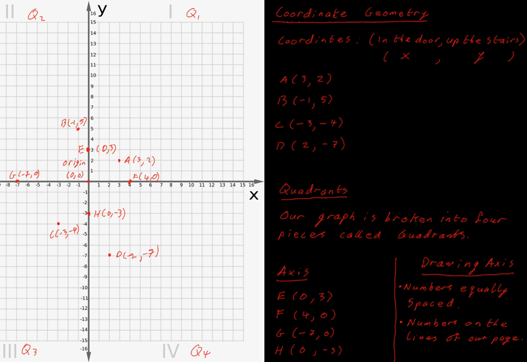Now if I look at where these points have ended up, when my Y coordinate is 0, I end up on the X axis. So when Y is equal to 0, I'm on the X axis.